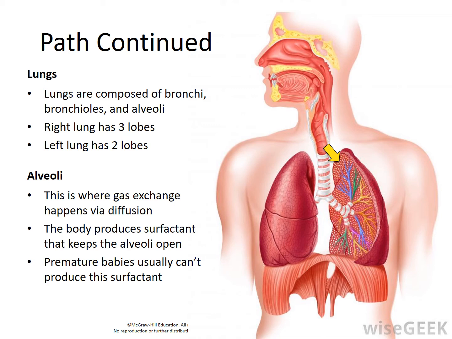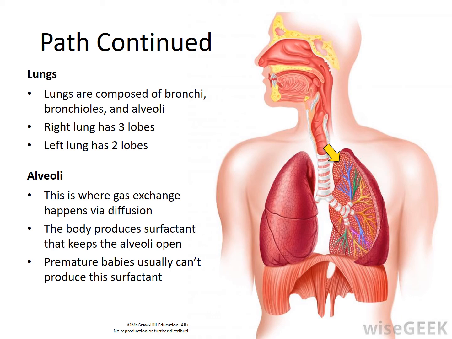The reason is that the higher the soap content in the solution, the less the surface tension. Your lungs actually produce a type of natural surfactant, and this surfactant keeps surface tension from collapsing alveoli.